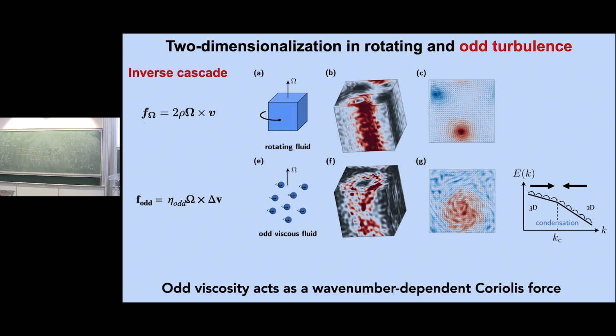What I'm just saying is that in 2D there is an inverse cascade throughout the spectrum. If you have rotating turbulence, there's an inverse cascade too. But what I'm saying is that in odd turbulence, and maybe this is the part of the title that bothers you, there is still a two-dimensionalization, but it's not everywhere in the spectrum. It's only effectively acting in a regional k-space.